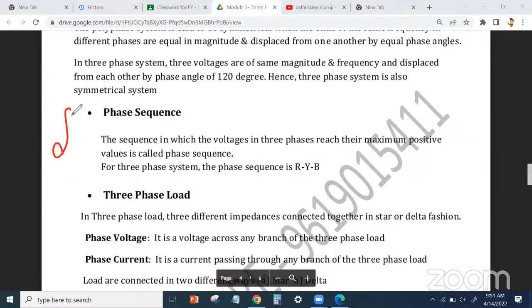Okay, let's go through it. Phase sequence. This is question number 8. If you want to ask what is a phase sequence in the three phase, you should write this definition. Okay, let's go.